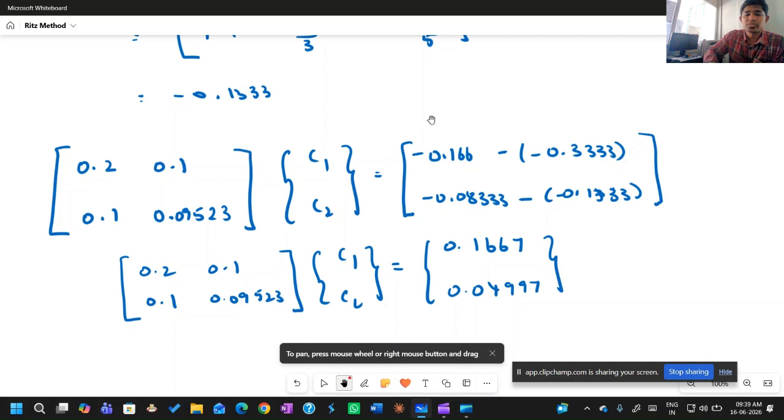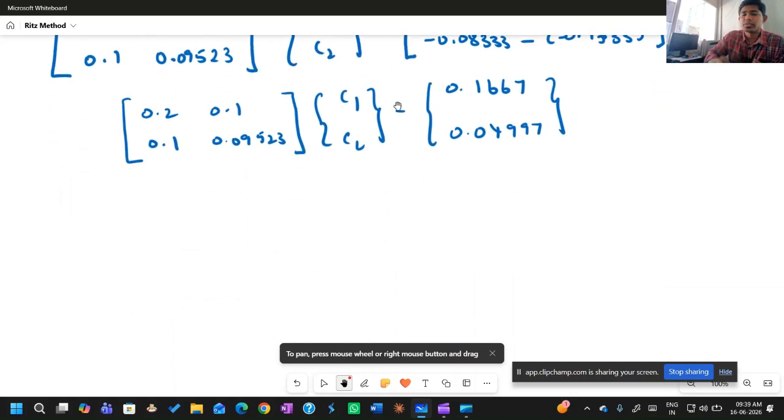So finally, let's find out C1 and C2. C1 is equal to 1.2025. C2 is equal to minus 0.7380.